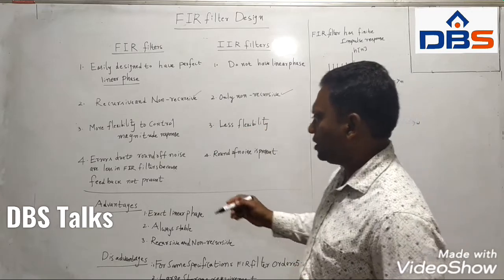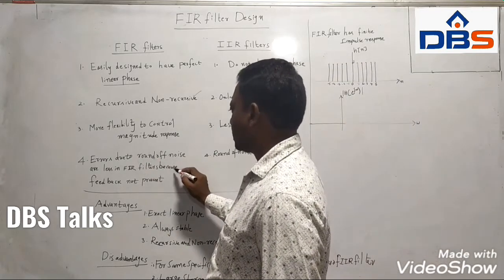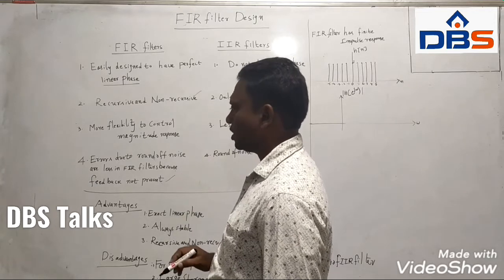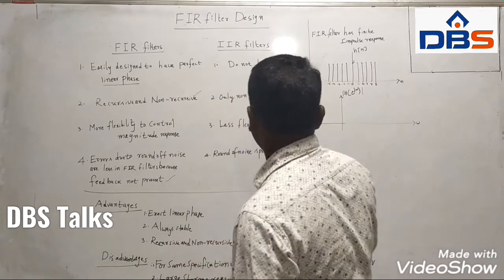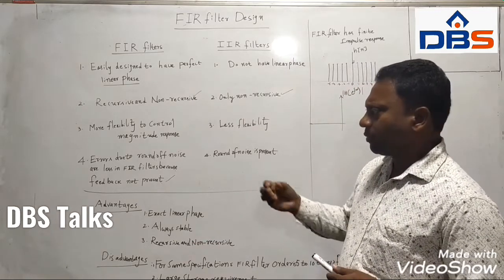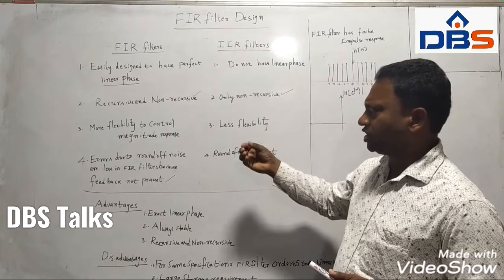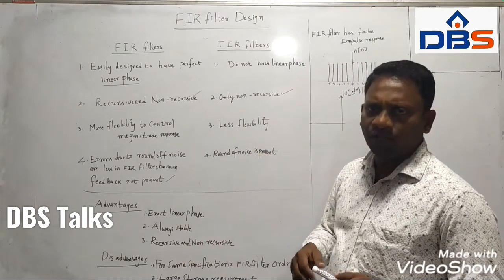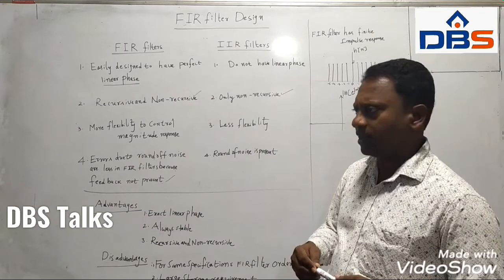And last one, errors due to round off noise are less in FIR filters because the feedback is not present. Okay, so feedback means if you want to design the filters, suppose the present output depends on the past outputs, then we need to have a feedback.